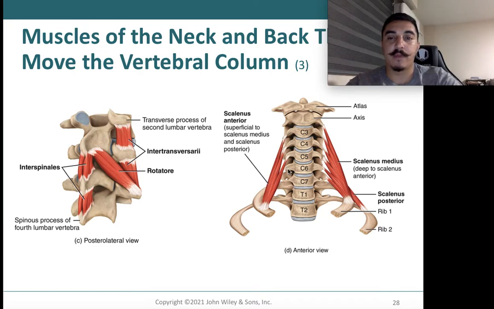So C3, C4, C5, the little muscles attached to the C's with our rib, rib number 1. So posterior, medius, anterior. Here's our interspinalis in between the vertebrae. The rotatores are the ones that help us rotate, two guys kind of curved around. And intertransversarii as well.